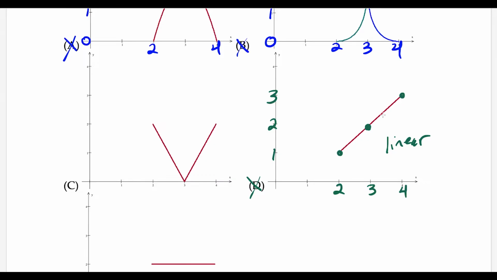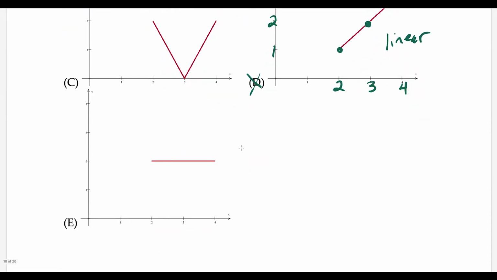However, the average value of this function from x equals 2 to x equals 4 is going to be at y equals 2. So that's not the answer. And then this one here, we look from x equals 2 to x equals 4. So we'll just make this darker. The constant y value is equal to 2. So this would have an average of 2, not 1. So this is out.